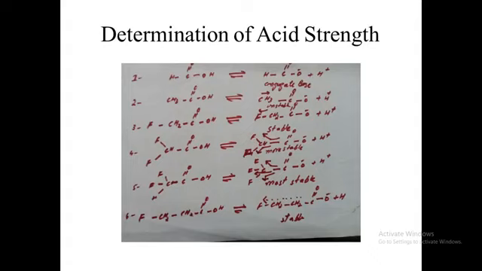For the determination of acid strength, we always look at the stability of the conjugate base. If a conjugate base is stable, the respective acid will be stronger.